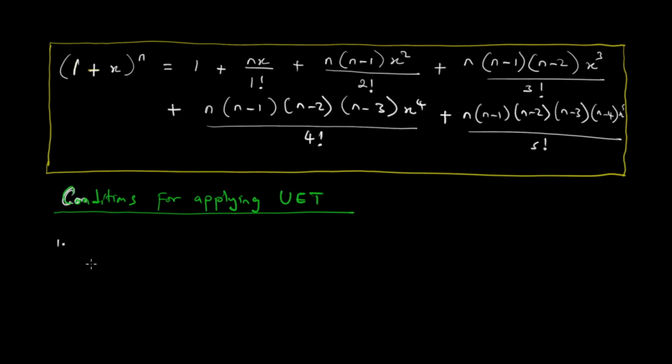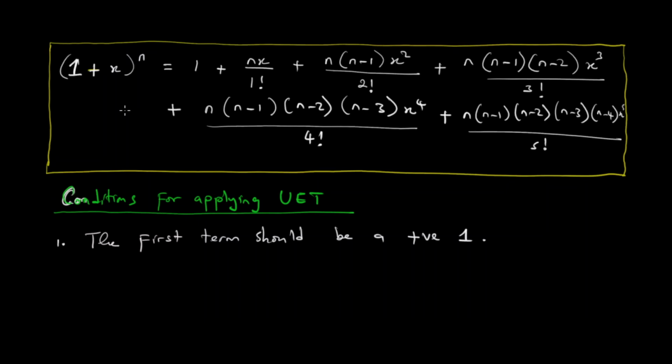The formula only works when the first term is a positive 1. So the first term should be 1, should be a positive 1. As you can see, here it begins with (1 plus x) to the n. So that's the first condition.